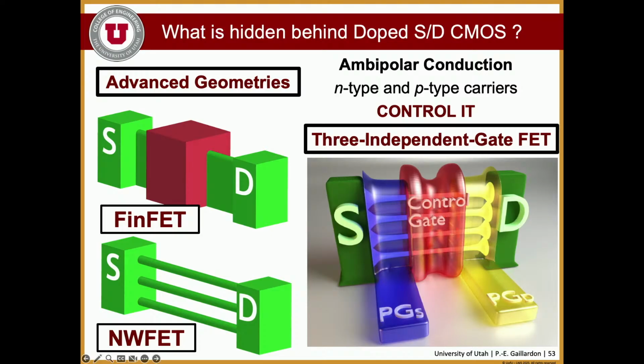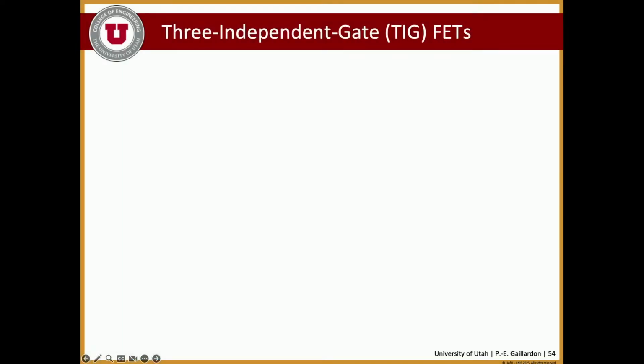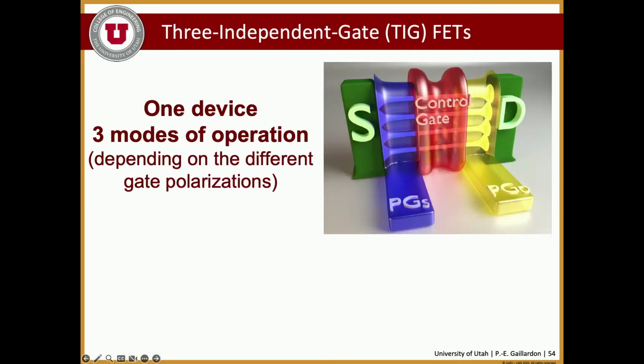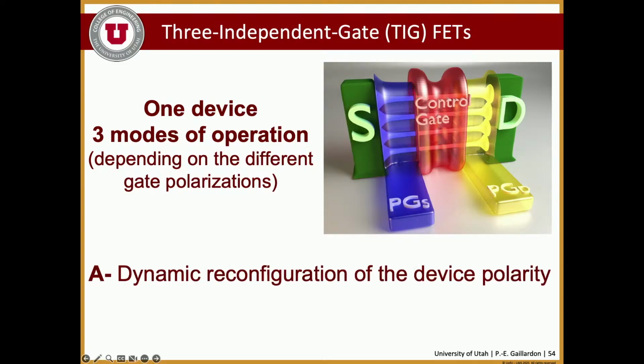And what is interesting here is that with a single device, we have been able to demonstrate and achieve 3 different modes of operation, depending on the gate polarization, which is a dynamic reconfiguration of the device polarity. So changing the device from N-type to P-type on the fly, and I'll show you why it could be interesting.